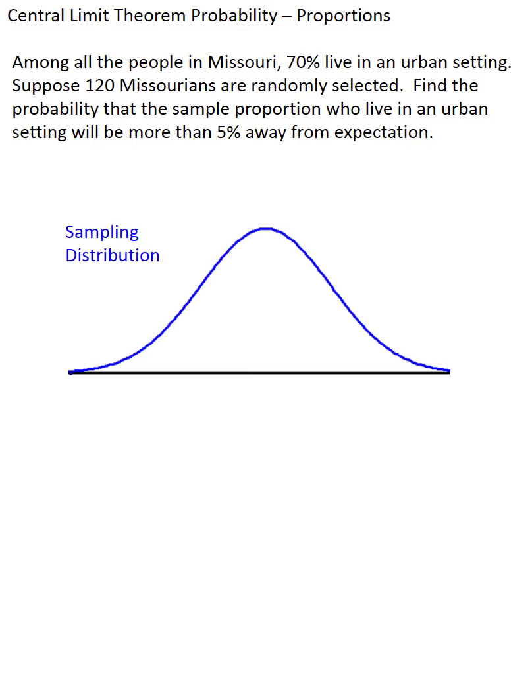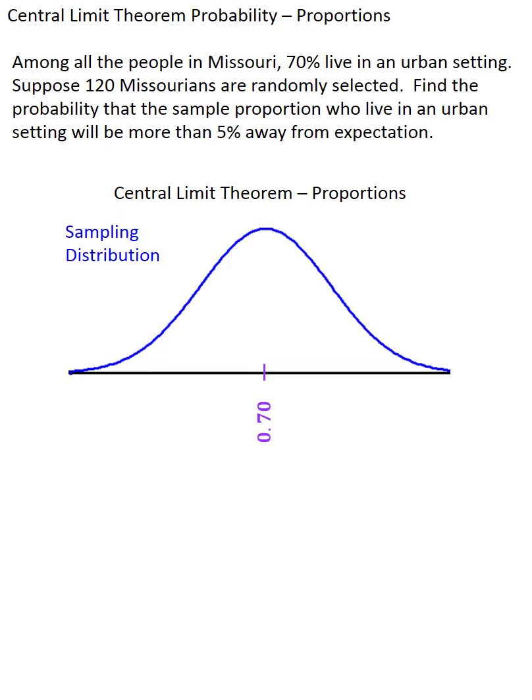Well, again, to analyze the probability of a sample proportion being in a certain location, we need the sampling distribution. Let's review the three things that the central limit theorem tells us about the sampling distribution. First of all, it will be normal. Secondly, the mean of that sampling distribution will be the same as the population proportion, in other words, the 70%.